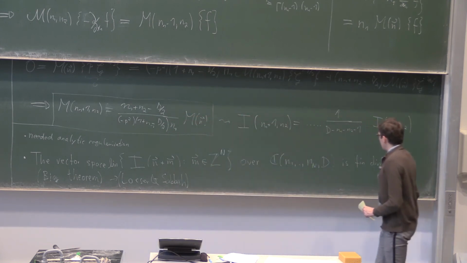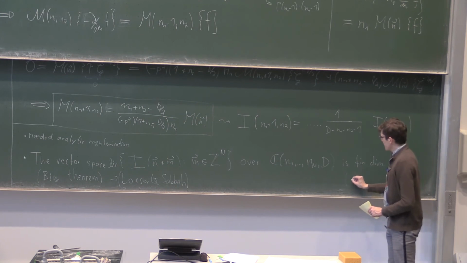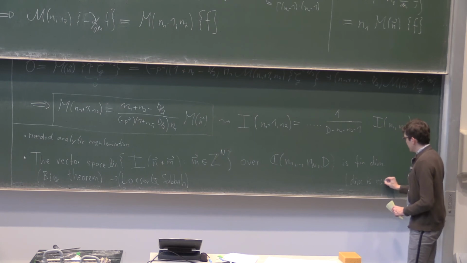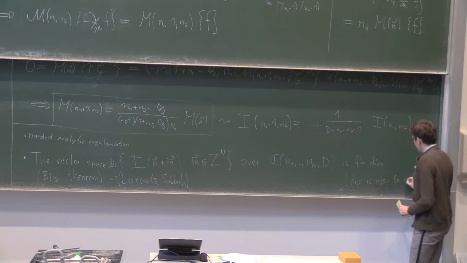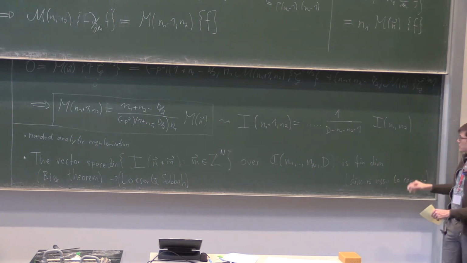And actually, you can even give a nice formula for the dimension. The dimension is easy to compute. You can look at the polynomial and define some Euler characteristic, which you can compute in many different ways, which gives you this dimension.